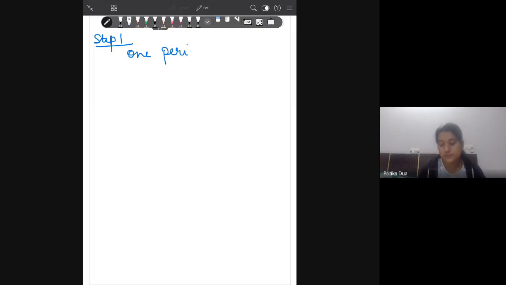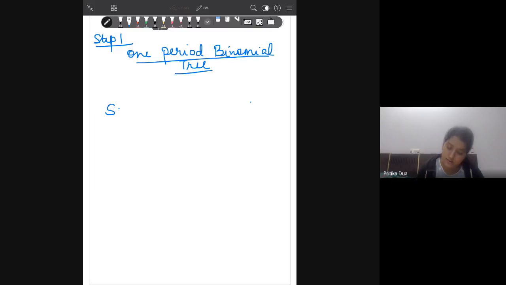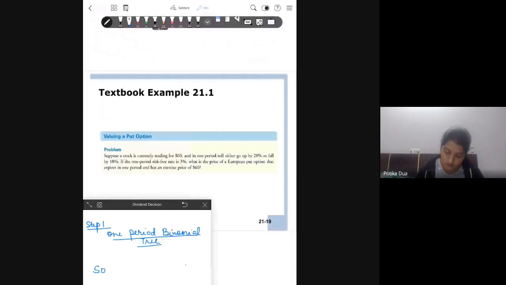Step 1 is to make the one period binomial tree. So I'll move back and forth to the question to take the values. So starting with the price of the stock at point 0, which was a value of $60. Now this value in year 1.